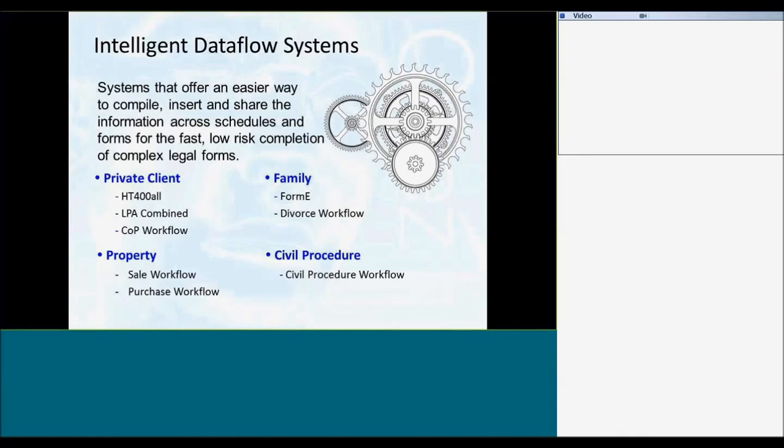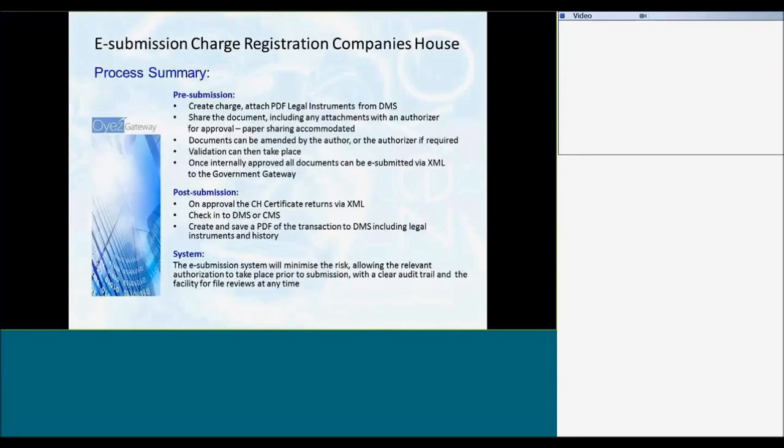So if we now just go on to the e-submissions charge, registration, Companies House, you'll see that basically what we've done is we give you the opportunity to complete the MR01, add the relevant PDF legal instruments, two in total, one being the legal instrument and the other being a standard letter, which explains what's happened.